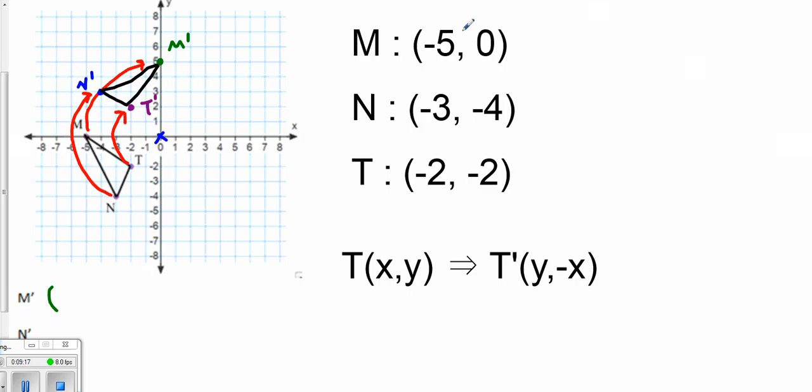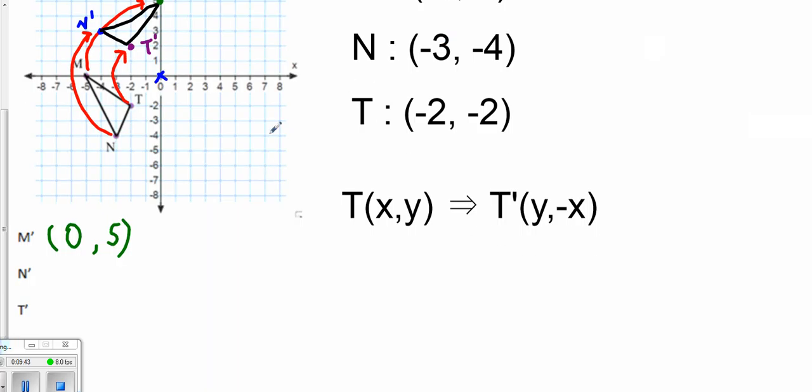So if it was a -5, it'll now become a 5, which would make it positive. So +5 will now be in the y value. Whatever was the y value, 0, now becomes the x value. So 0, 5, which actually fits. That was exactly where we landed on.